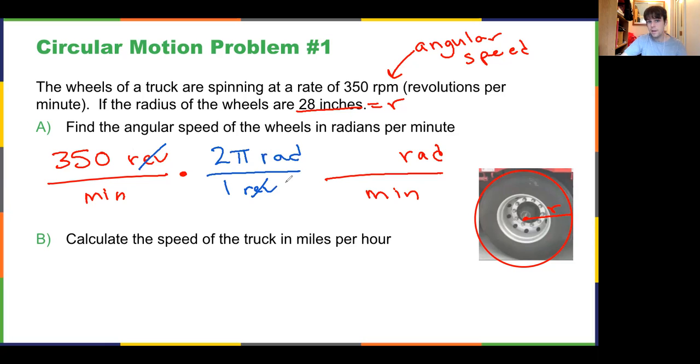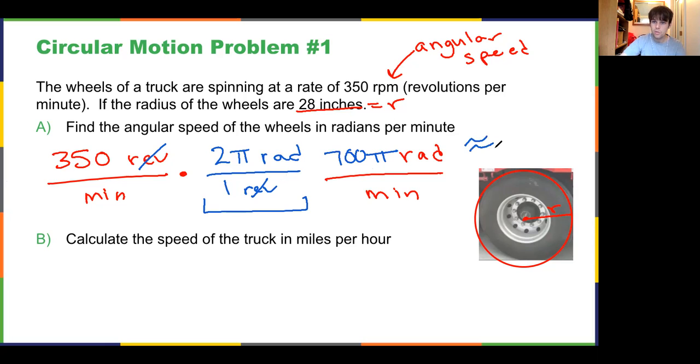By multiplying by this fraction right here, the one in the middle, I'm doing a conversion. I'm converting this unit of 350 revolutions per minute into radians per minute, because this fraction does not change the value. This fraction is equivalent to 1. 2 pi radians and 1 revolution are equivalent values. And when I write it as a fraction, that's the same thing as multiplying by 1. It's just a simple unit conversion. So I'm getting exactly 700 pi, though I am going to approximate that.